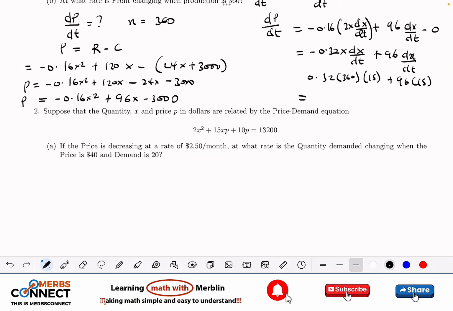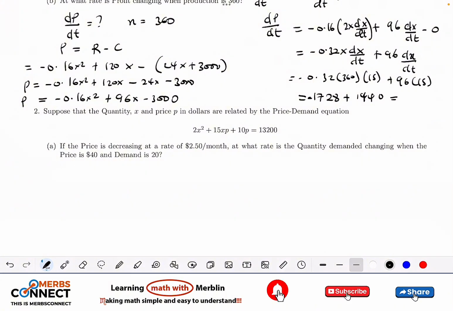So let's do the calculation. I left my minus. So 0.32 times 360 times 15 is going to give us 1728, with the minus, then 96 times 15 is going to give us 1440.